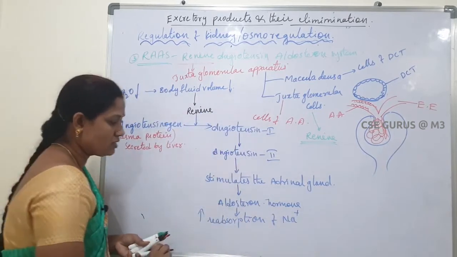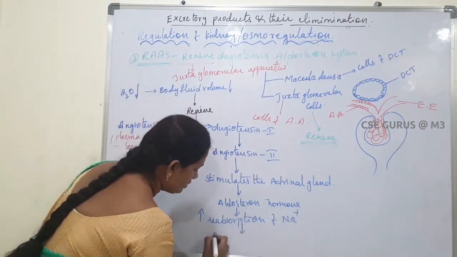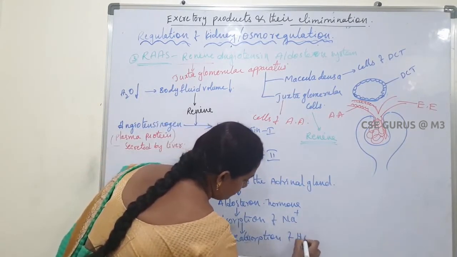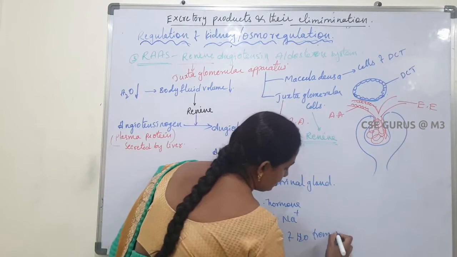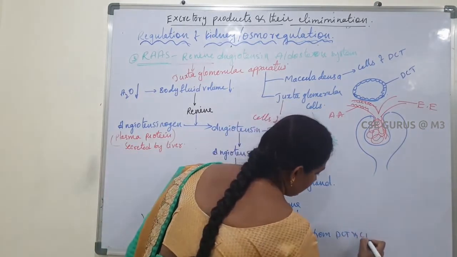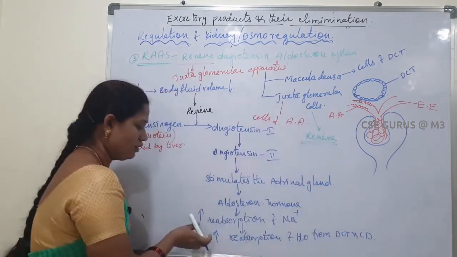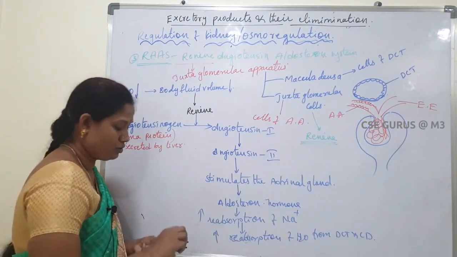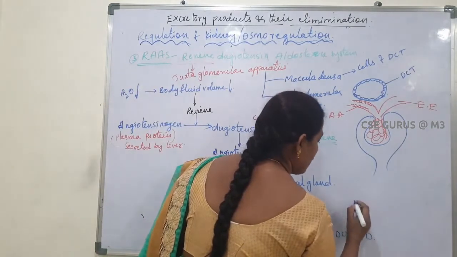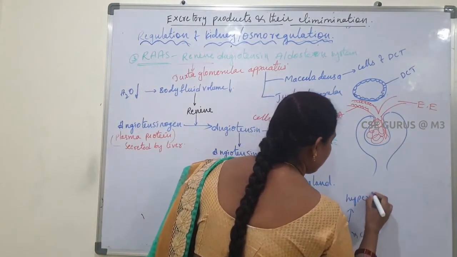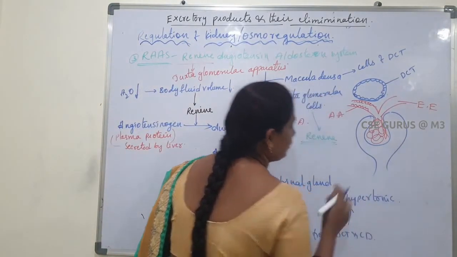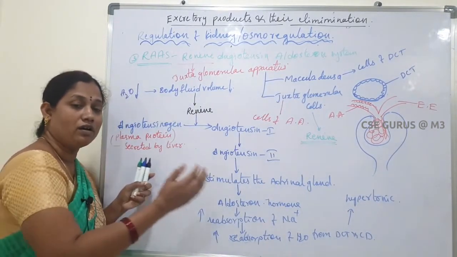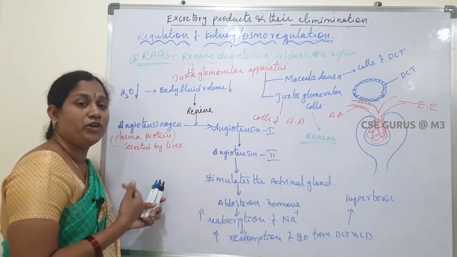This leads to increased reabsorption of water from the DCT and collecting duct. Finally, reabsorption of water takes place to produce hypertonic urine. Hypertonic urine is produced so that water is absorbed into the tissues.